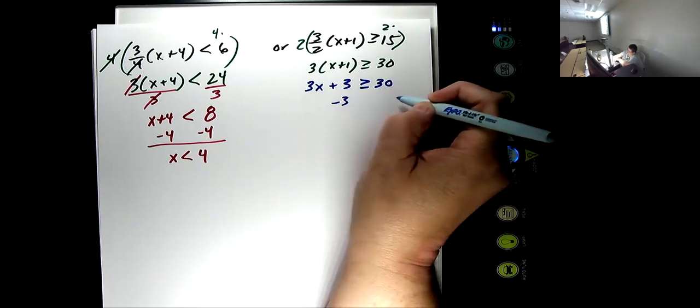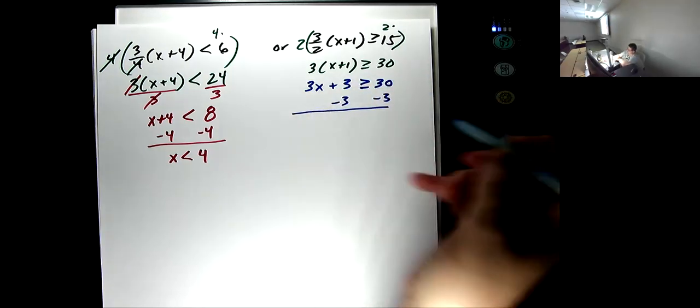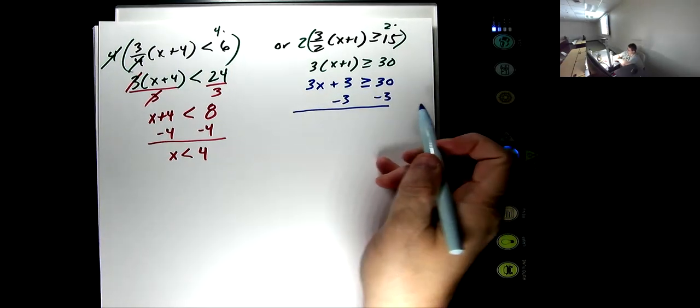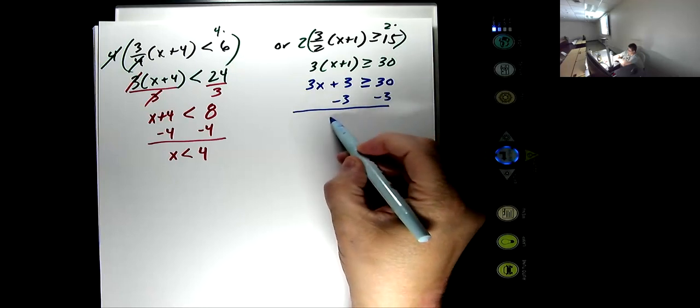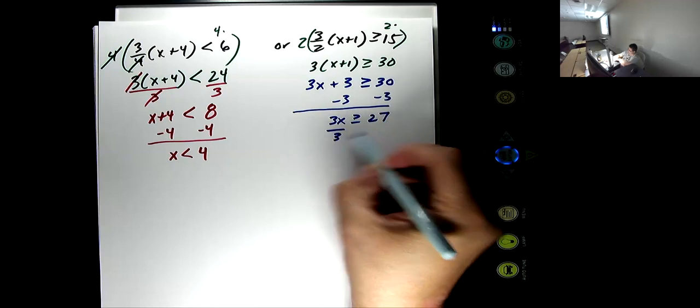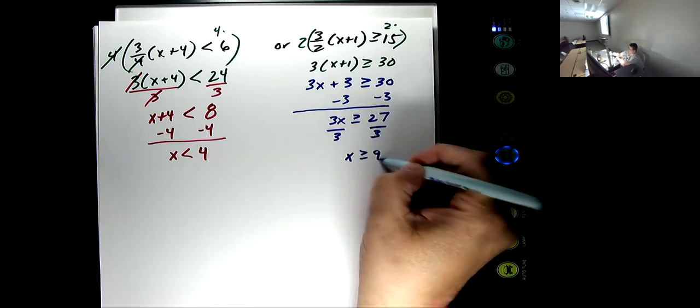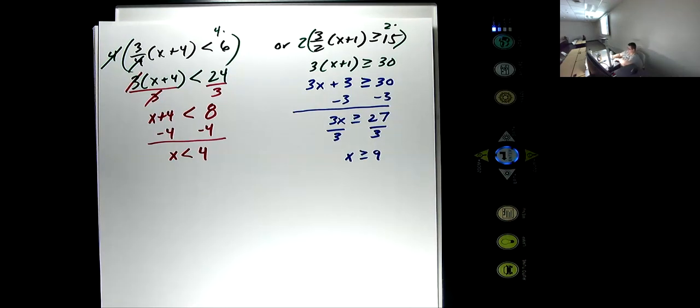Then you got a little bit more work to do. Well, not really. Well, we had to do the distribution. 3x is greater than or equal to 27. And divide by 3, you get x is greater than or equal to 9. And this is an OR.